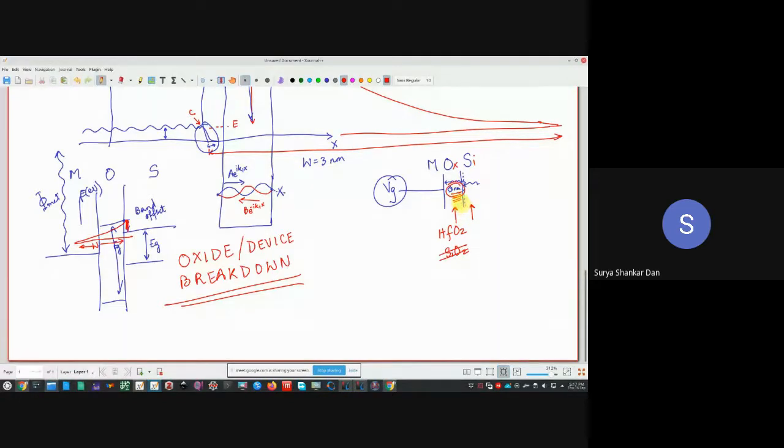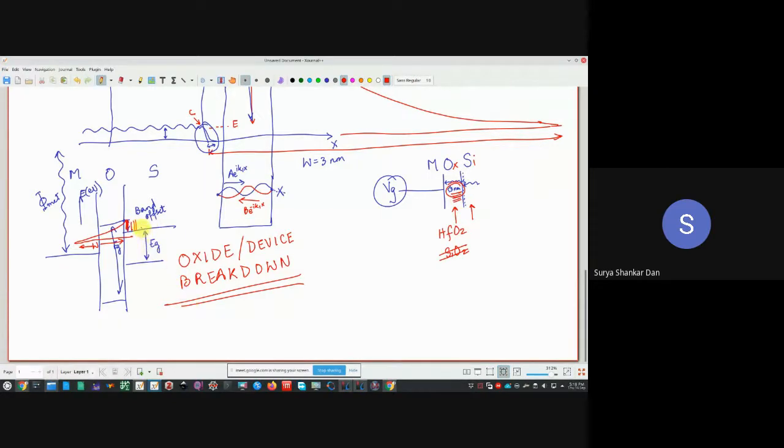There are so many oxides, right? Basically you take the entire periodic table, put it into a furnace, every element in the periodic table will create one oxide. Yes or no? So the point is, why do we suddenly choose specific oxide materials as the oxide dielectric? Because of this band offset.